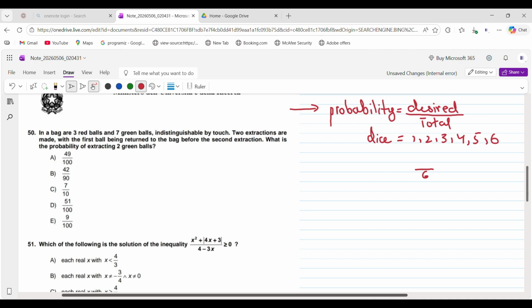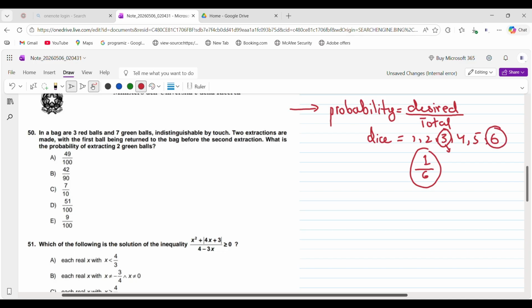So basically, what's the number of the desired event? The desired event is 3. And what's its number in the entire die? Of course, 3 comes only one time in the dice. So basically, we have gotten here 1. So 1 by 6 is the probability of 3 that can come from the dice, right?